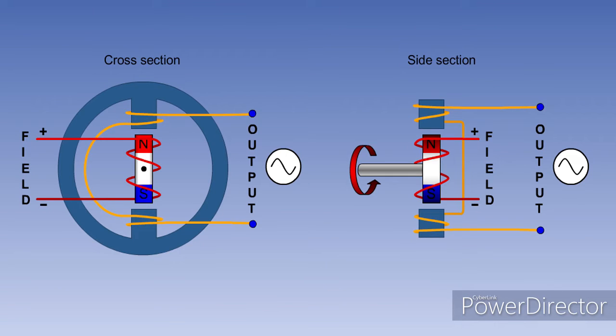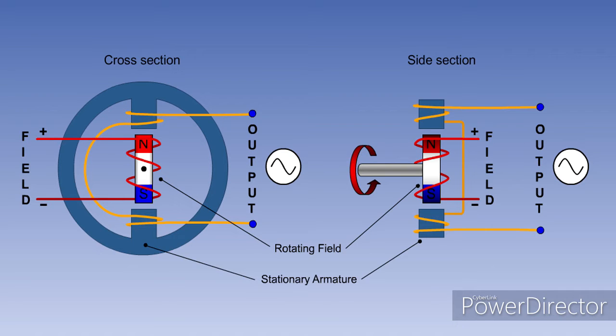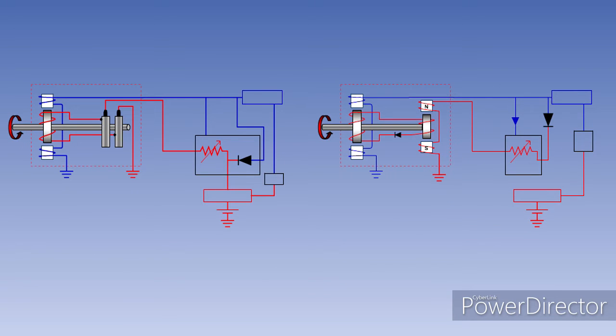We know that rotating field alternators, or AC generators, where the field is on the rotor and the output windings form the stator, make up the majority of AC generators in use. There are two types of rotating field AC generator in common use on aircraft.